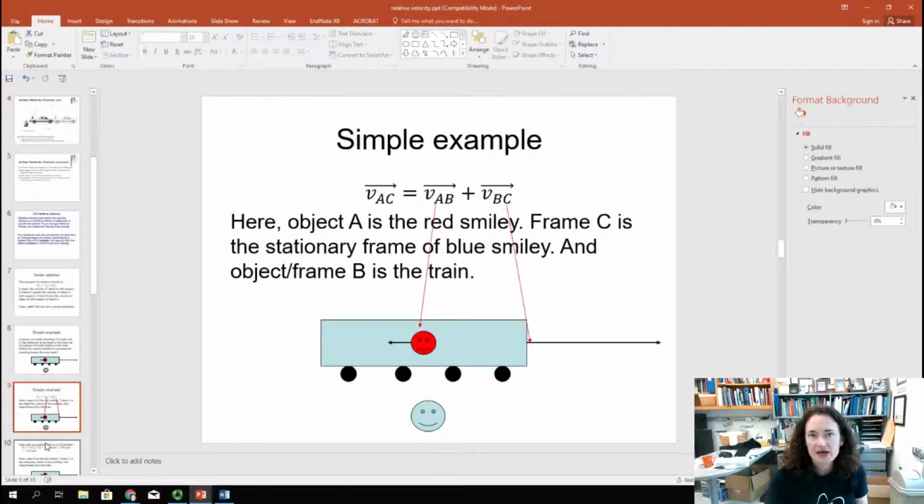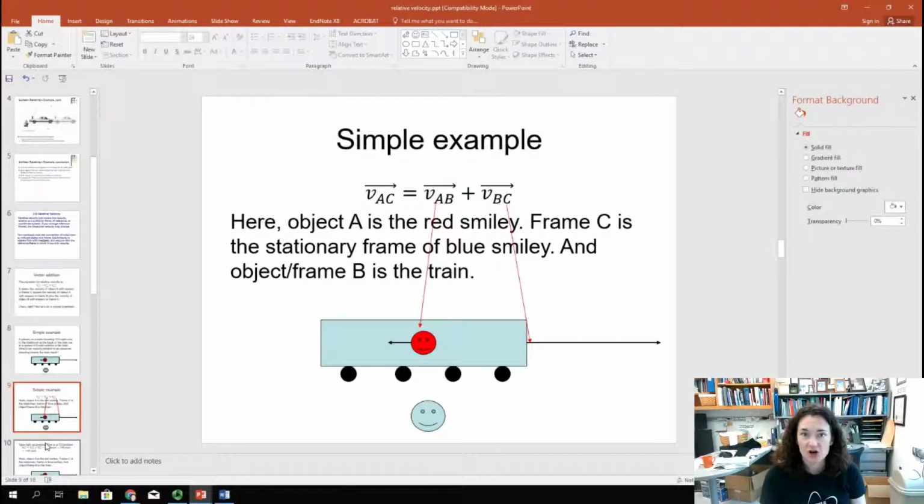So let's think about our equation that we had there and identify what is what, okay? So we're going to call object A here, that's our red smiley face. That's the person that's on the train that's running at 6 miles per hour relative to the seat. Frame C is the stationary frame of Mr. Blue Smiley, right? And the object or frame B, that's the train's perspective, okay?